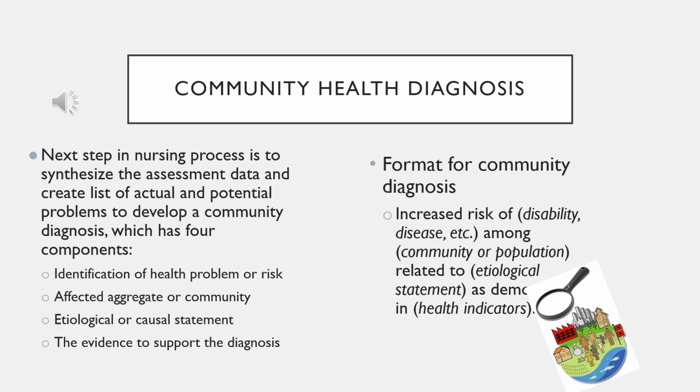We are going to identify the health problem or risk, the affected aggregate or community, the cause, and the evidence that will support the diagnosis. So, here's an example: increased risk of disability among elderly population related to poor infrastructure, as evidenced by dilapidated sidewalks.